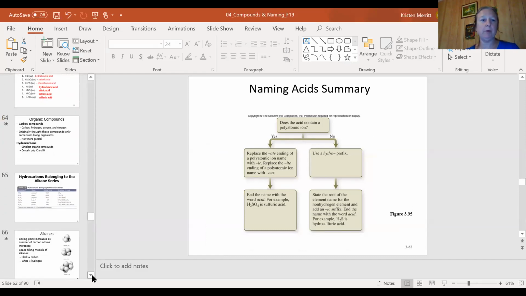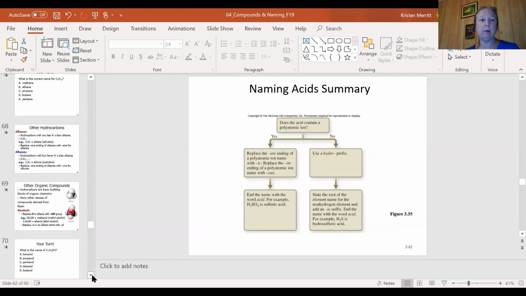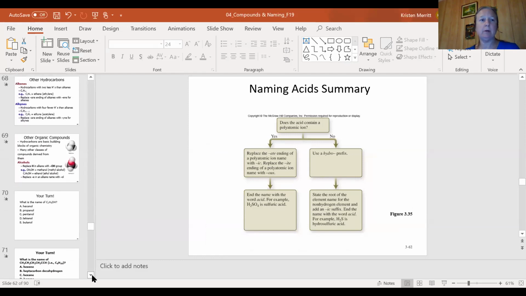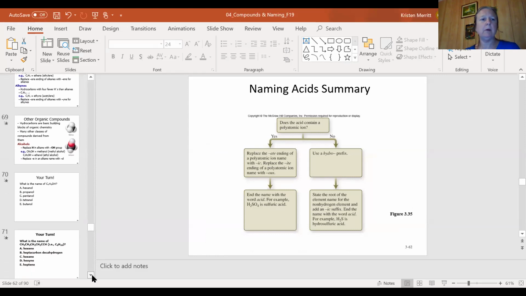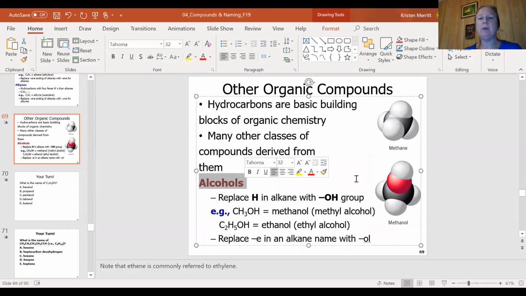All right, we're not going to do organic compounds. Just real quickly, if you see anything that ends in OL, methanol, ethanol, butanol, anything that ends in OL is an alcohol.